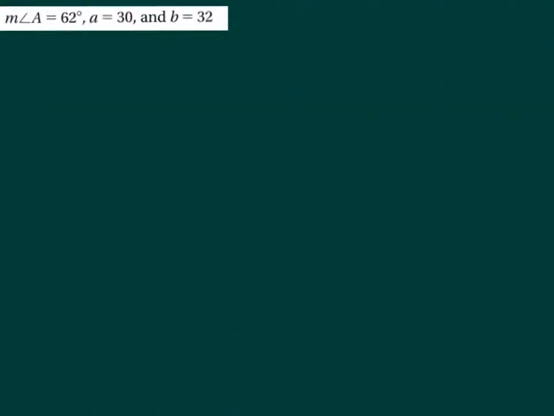So let's look at this example. How many triangles are we possibly going to have in this problem? All of our rules that we just went over dealt with B sine of A, which in this case is 32 sine of 62, which is approximately what?